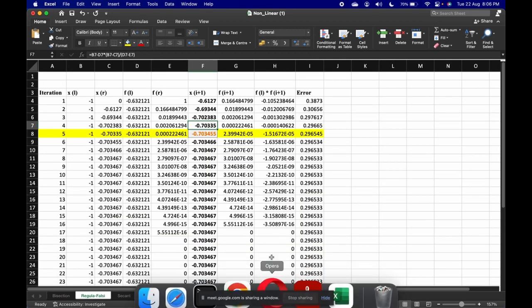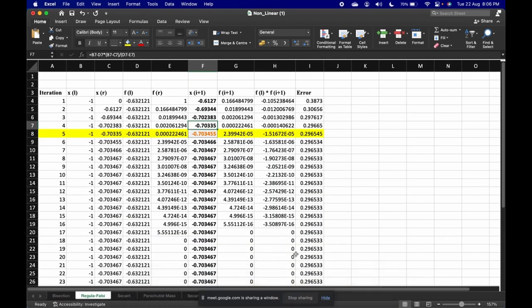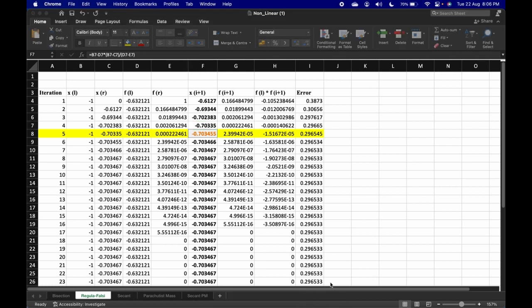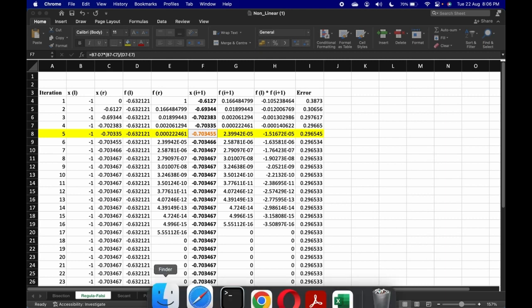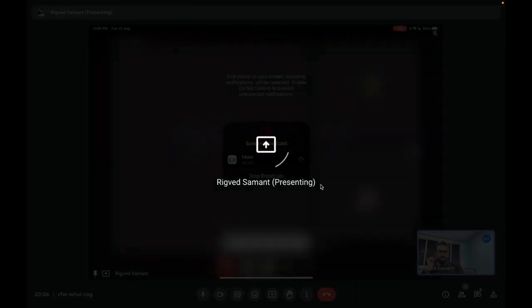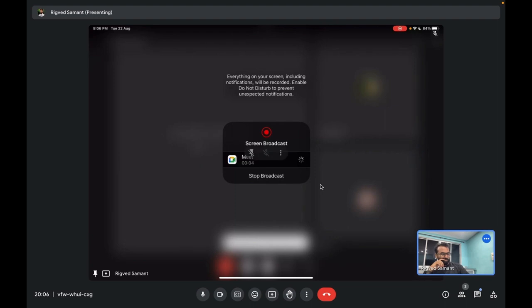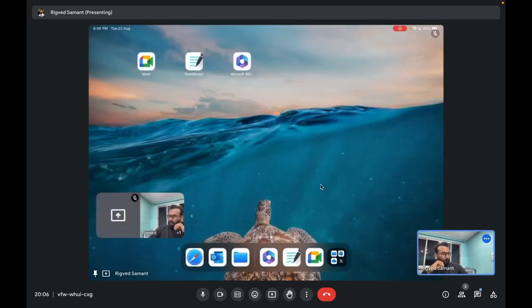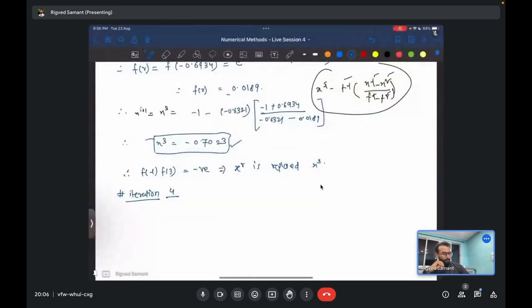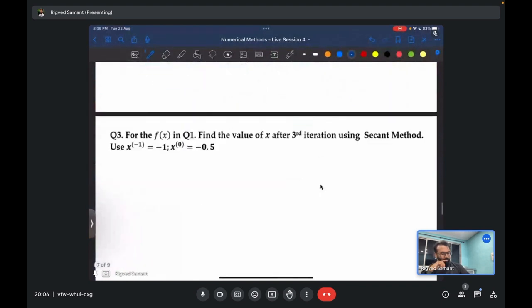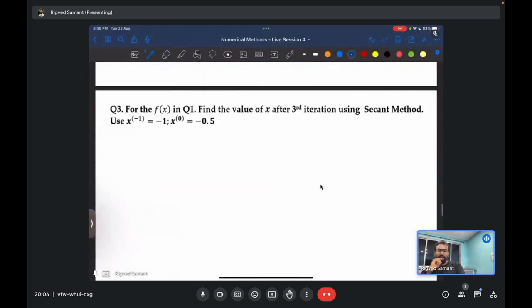Now we'll see the third method, that is the secant method, that is not a bracketing method, right?